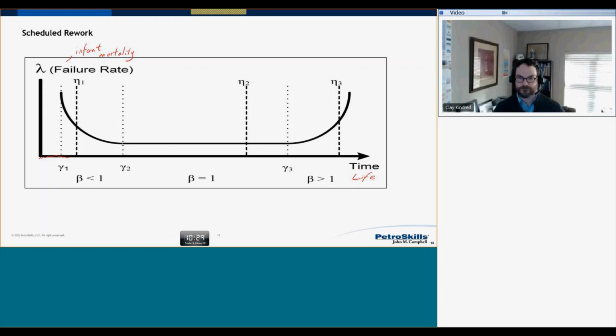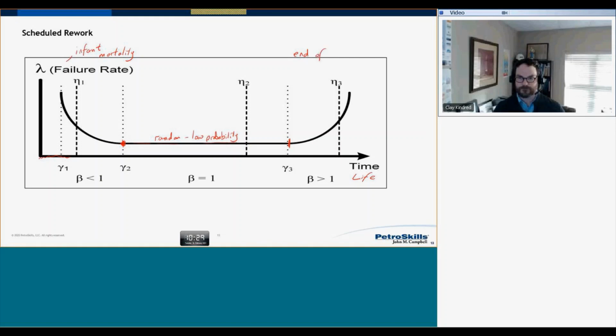But once you have those things sorted out, and you get to this point here, now what you've got is a time of random failures, but low probability. Low probability of failure. By the time you get to here, this is where we start to get end of life.